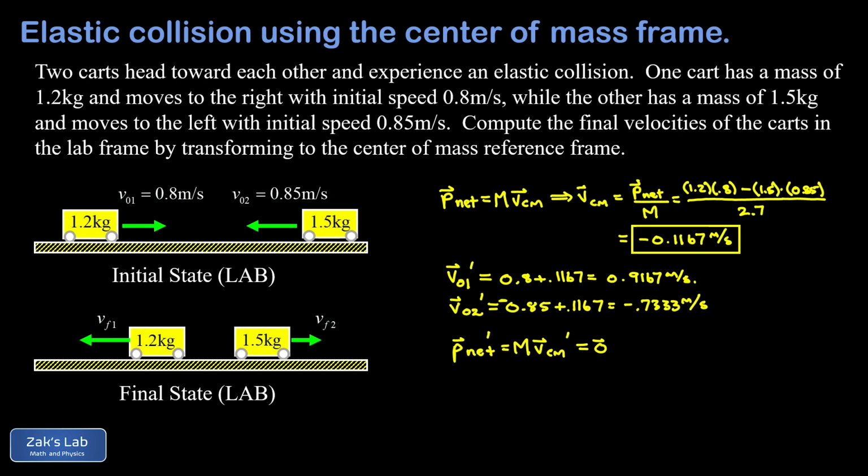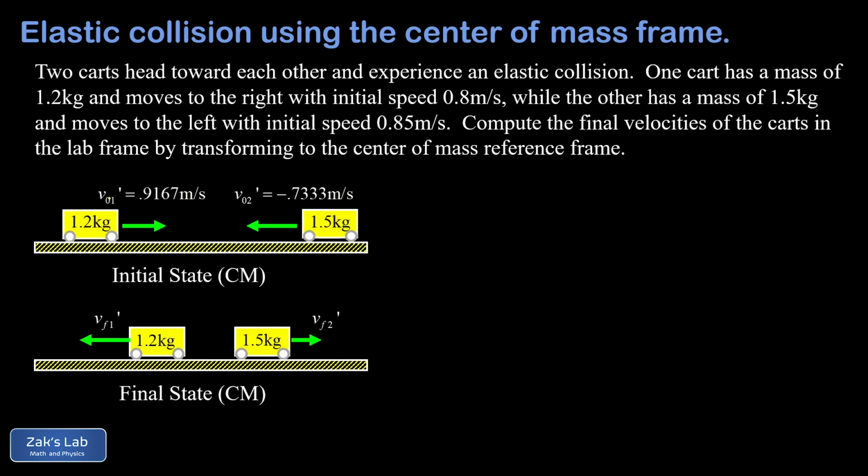So let's look at a new graphic where we view the collision in the center of mass reference frame. So there's the results of our calculation. We have an initial velocity to the right of 0.9167 meters per second for the smaller car, initial velocity to the left of 0.7333 meters per second for the bigger car. And we know that both momentum and energy are going to be conserved in this collision.